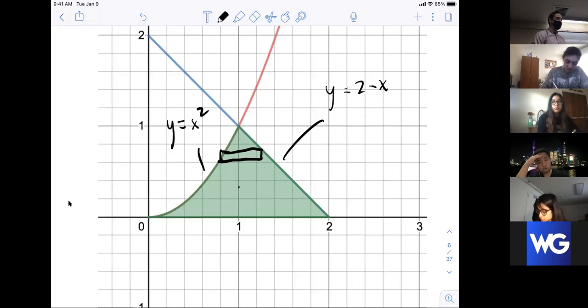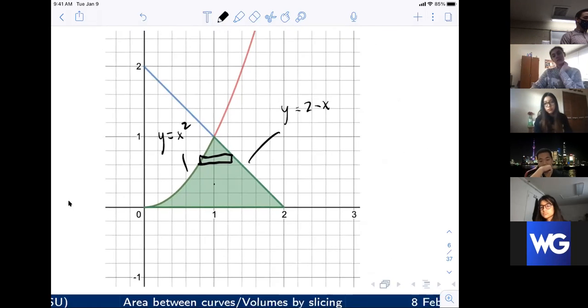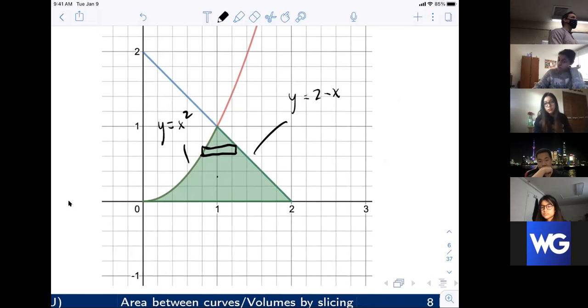Okay, another reason we might want to think of this problem in terms of the y-axis instead of the x-axis. Well, for this one, it's not going to make a huge difference. But for other problems, it might be the case that finding the area under a curve is very hard to do because the function is not very nice.